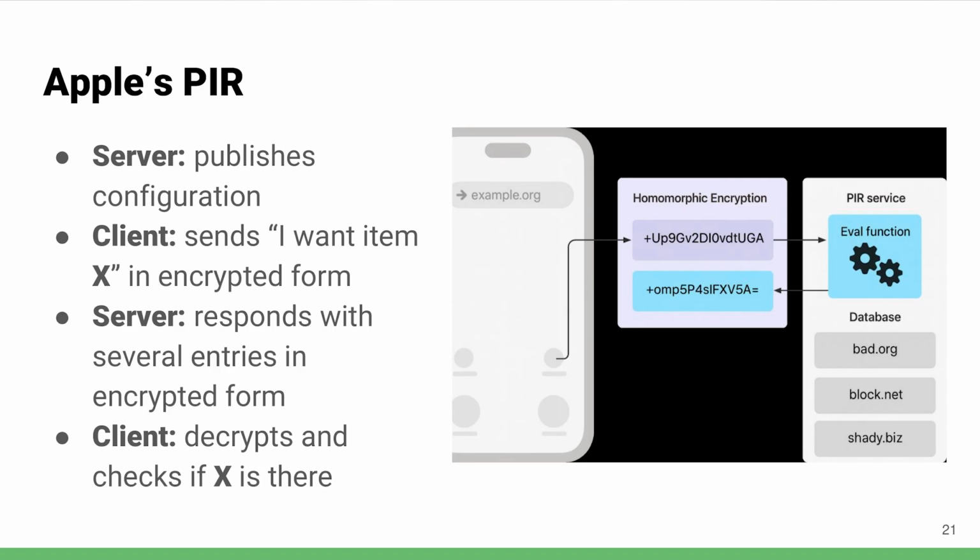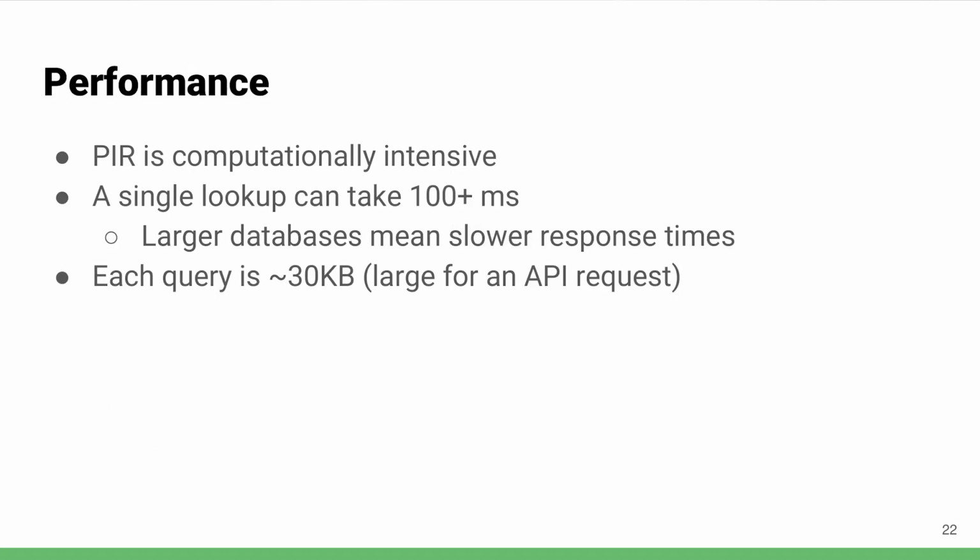But let's talk about performance now. Apple's PIR system is quite heavy on resources. Each query can be around 30 kilobytes, which is quite large for an API request. And a single lookup may take over 100 milliseconds, even under ideal conditions. And as you would expect, the larger the database, the slower each lookup operation becomes.